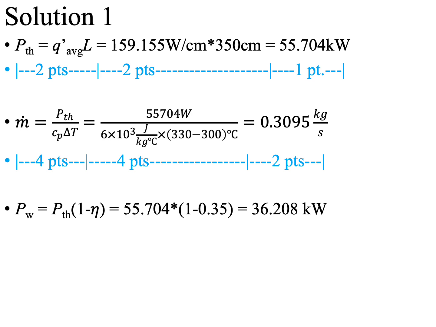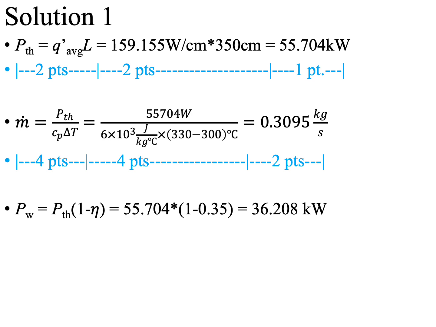You have your m dot, that is the coolant mass flow rate; P thermal, that is the thermal power of one fuel pin; Cp, the specific heat of this coolant, which is given; and delta T, the coolant temperature difference between the inlet and outlet.